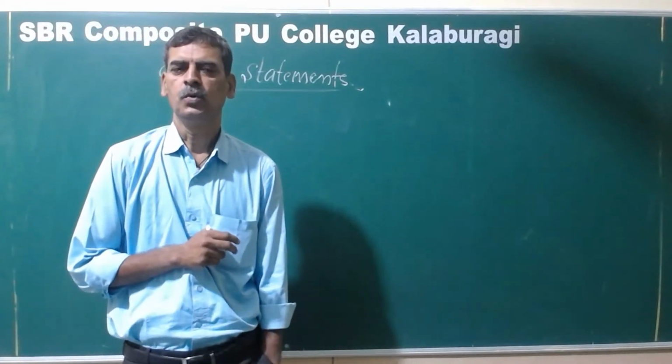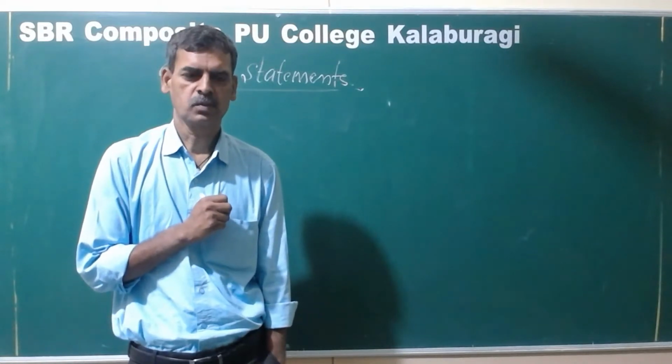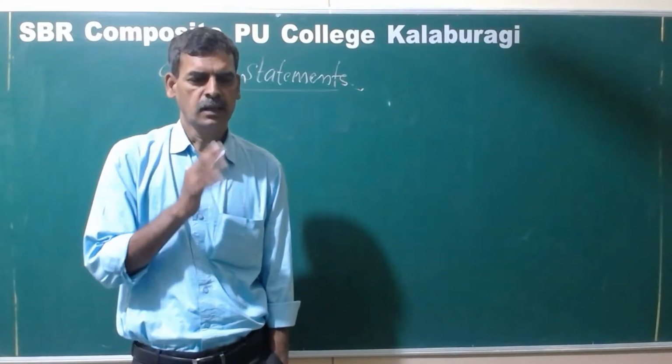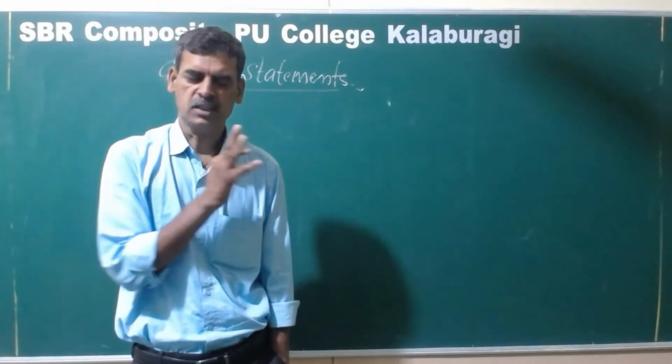We have two types of control statements. One is branching statement or selection statement.